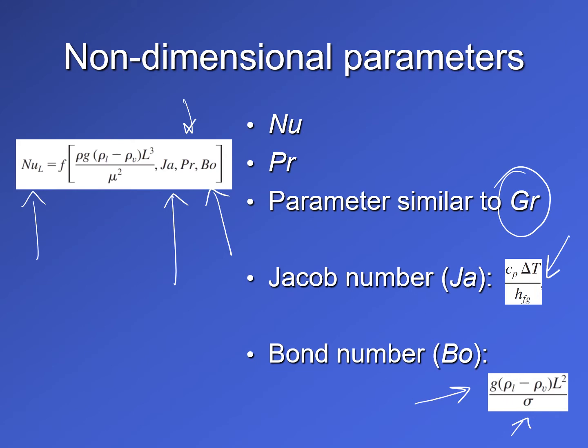You can't have temperature more than T surface in the fluid. And the denominator has the effect of latent heat, which of course is non-sensible, so it occurs at the saturation temperature. So the Jacob number typically is small because the contribution of the latent heat is significant.